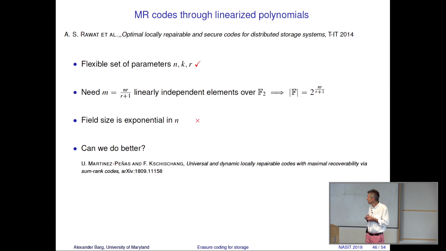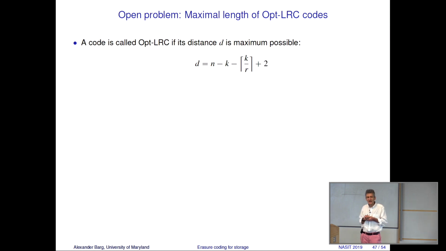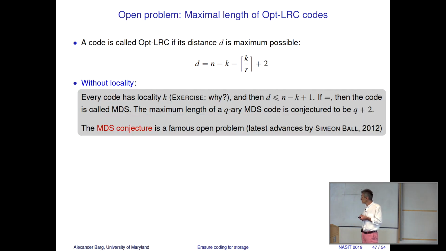All right. What about the maximum length of optimal LRC codes? Why are we asking this? Well, a code is called optimal LRC if the distance satisfies the Gopalan et al. bound. So let's say we give up locality. Let's say r equals k, so it is a Reed-Solomon situation. Every code has locality k.